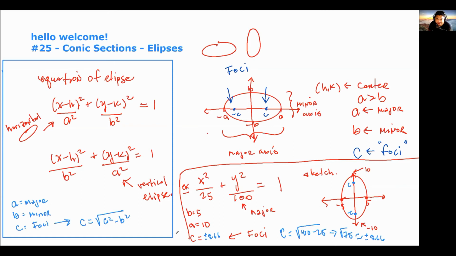In fact, I'll just do this. For a circle, as you said, they would be the same. It would be x minus h squared over a squared plus y minus k squared over a squared. This looks awfully familiar.